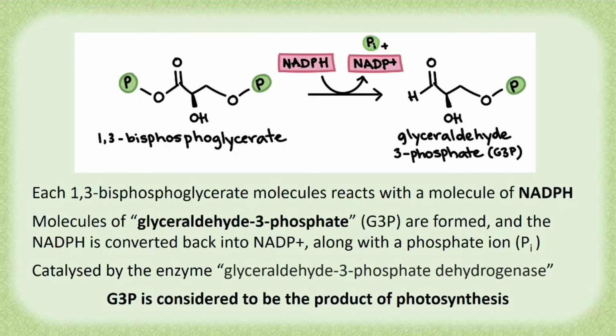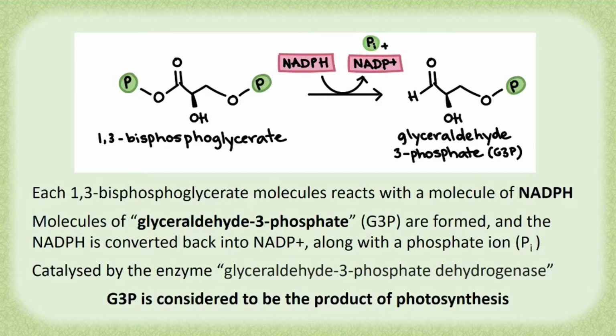As with the previous two steps in the Calvin cycle, we need an enzyme for this reaction to happen, and so here we meet a third enzyme, glyceraldehyde 3-phosphate dehydrogenase. So that's the enzyme required for this step.